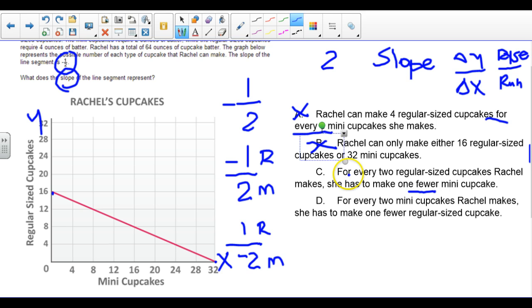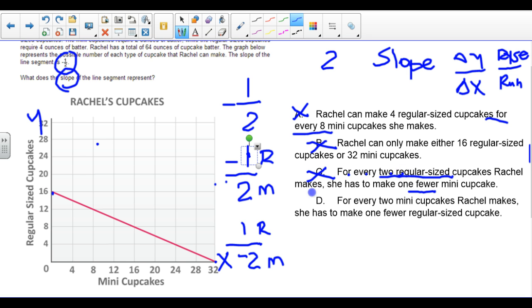For every 2 regular size cupcakes, remember our regular size was what? The -1, so that's out. Because the regular size was -1, we can already eliminate that choice.